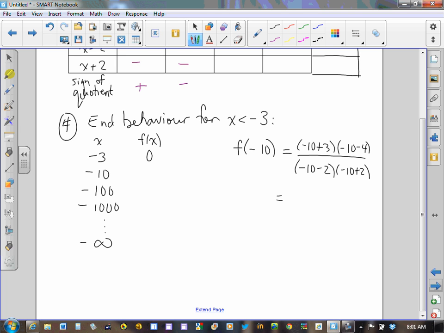Okay, so it follows that the first quantity is -7, the second is -14, and in the bottom -12 and -8. Put all of that together or do some canceling before the final answer, I think you'll find that you'll get approximately 1.02.